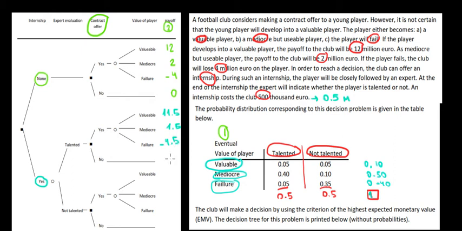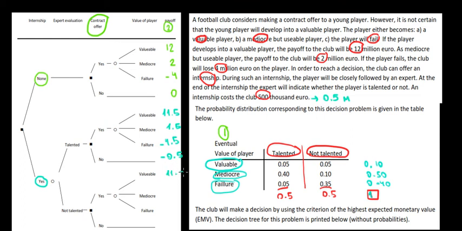And if we do not do anything with the contract, if we do not acquire the player, then we have no benefit from him. However, we have tested him in the internship, so we still have a loss of half a million, or $500,000. And the same logic goes here. Whether he's talented or not, we're still having this possible payoff.